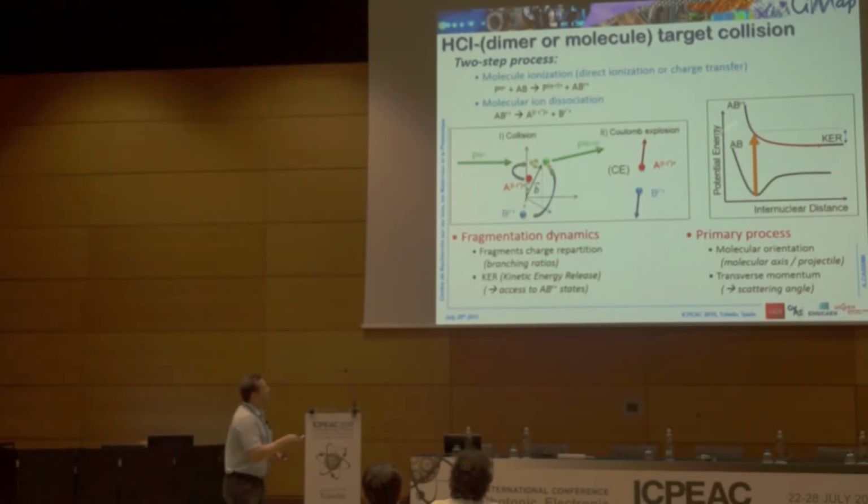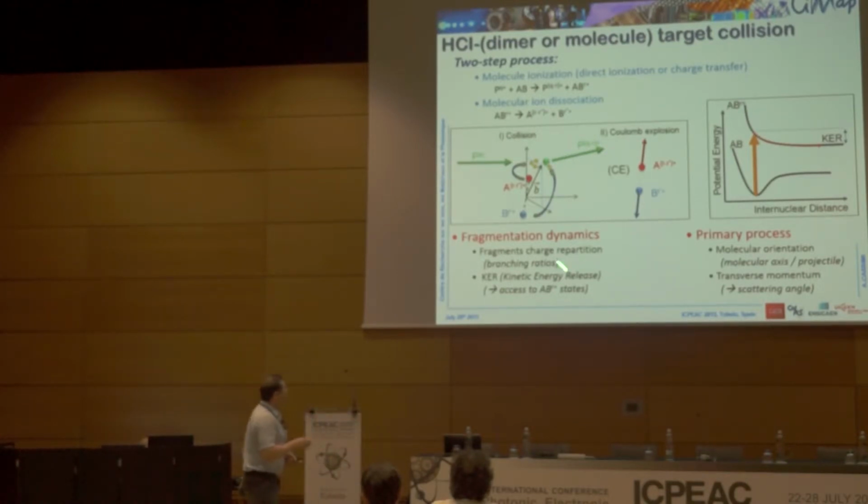You can see it in another way with another vocabulary: you have a Franck-Condon transition from the ground state of the neutral dimer to an excited state of the molecular ion, and from there it dissociates, giving rise to kinetic energy on the fragments. The sum of this kinetic energy is what we call the kinetic energy release.